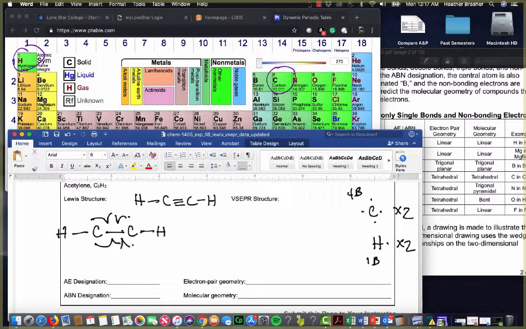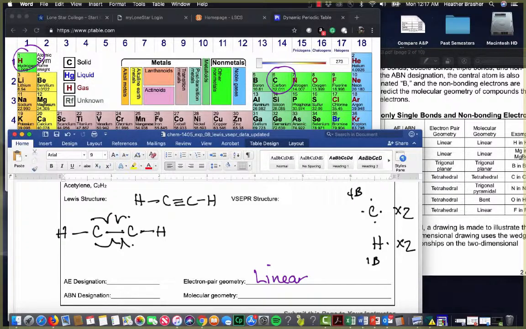You'll see that you have 4 valence electrons, 4 binding pair. You have 4 that are in actual bonds with each other. It says how many electron pairs that are non-binding. It's 0. Double bonds, no, we don't have 1 double bond. We don't have 2 double bonds. We have a triple bond. So that's going to make the electron pair geometry linear.